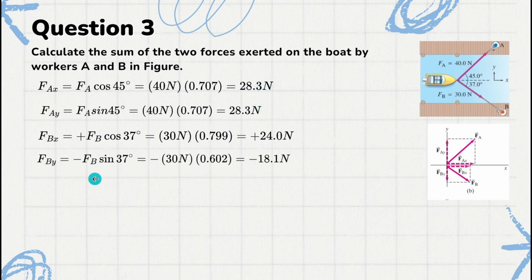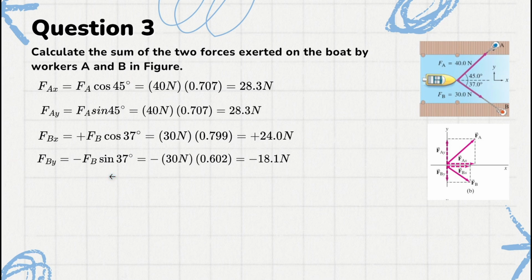FBx is positive FB cos 37 degrees. Then we get the answer, positive 24 Newtons. And FBy equals negative FB sin 37 degrees. Then we get the final answer, negative 18.1 Newtons. FBy is negative because it points along the negative y-axis.